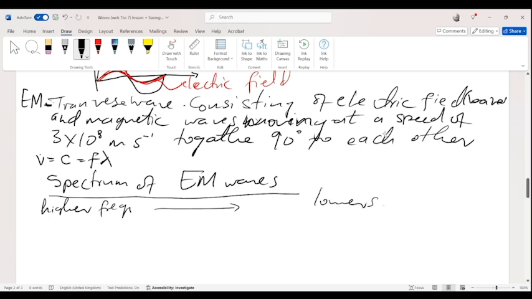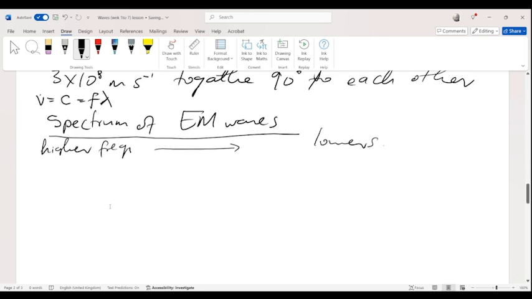Higher frequencies are dangerous. They can damage human skin, can damage a human being completely. But the lower frequencies of electromagnetic waves are less harmful.